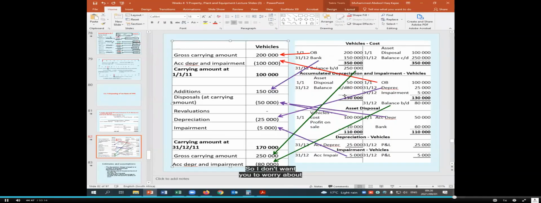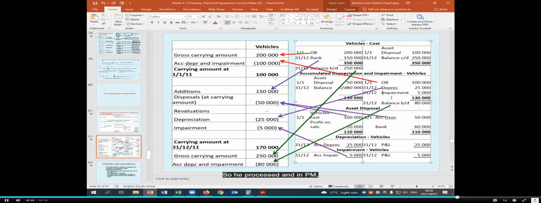I don't want you to worry about how we got an impairment. We're telling you that there was an impairment. We've done an impairment example before, where we compared, and in this question, the recoverable amount was below the carrying amount by 5,000.